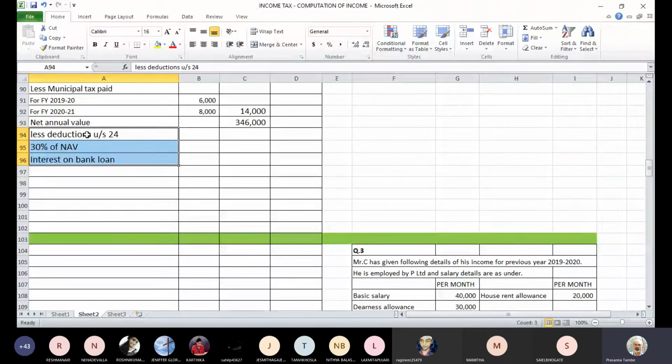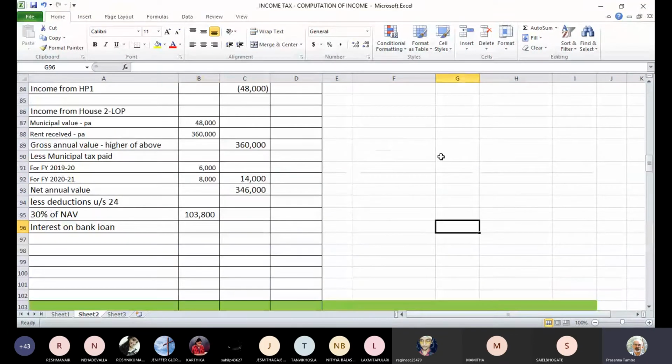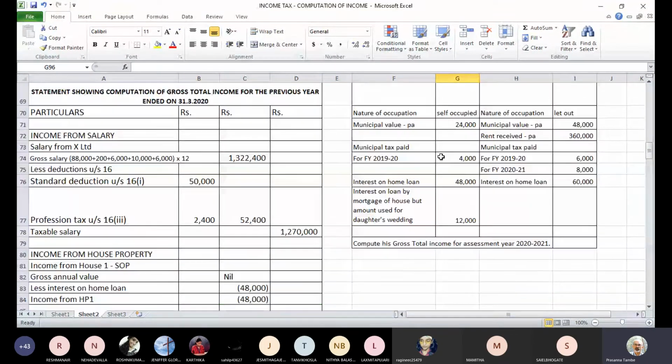One is 30% of NAV. So this is 30% of 3,46,000, which is 1,03,800. And the second one is interest on home loan, which is 60,000 rupees.